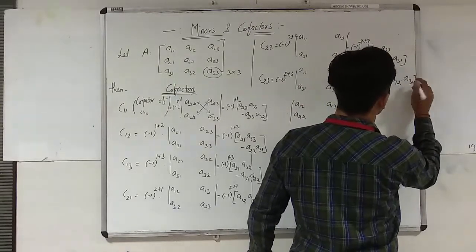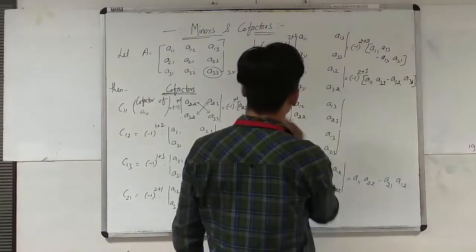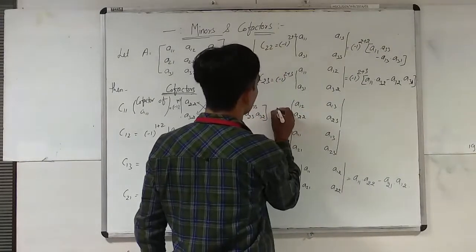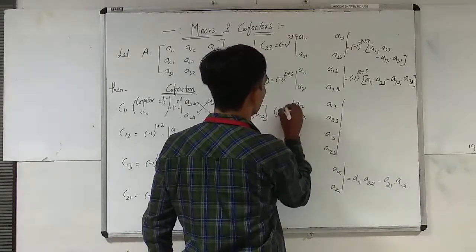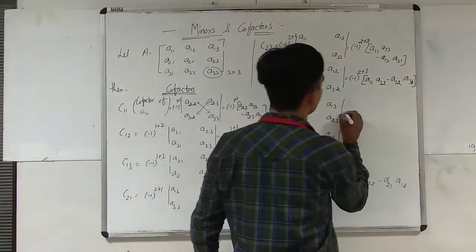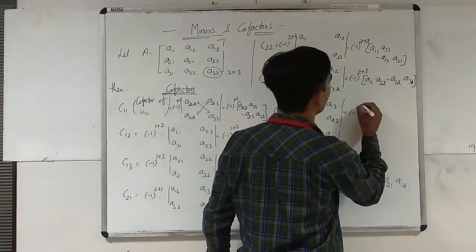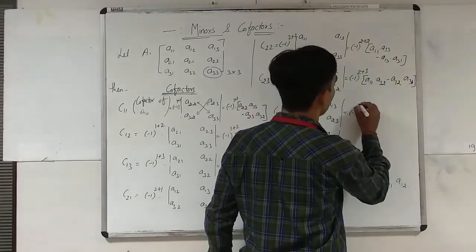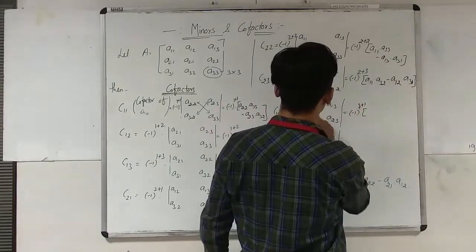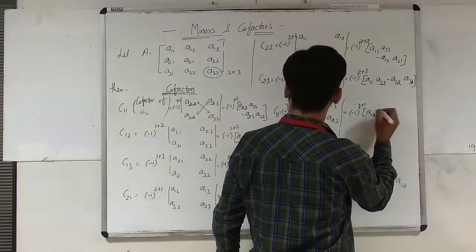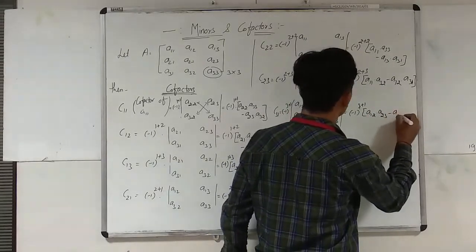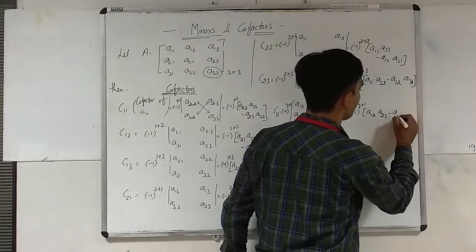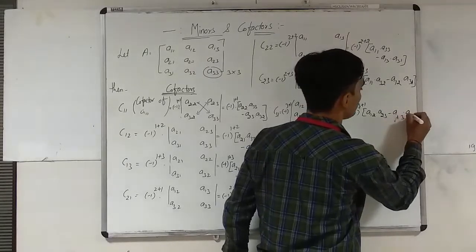Same way, C31 is minus 1 power 3 plus 1 in bracket A12 into A23 minus A13 into A22.